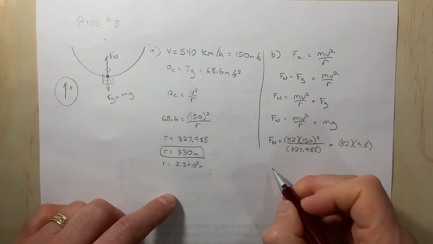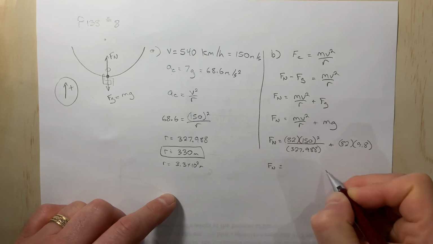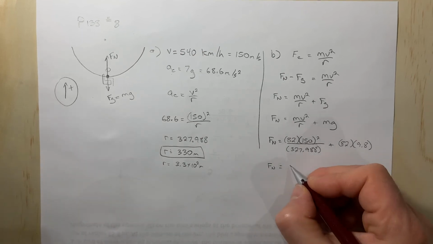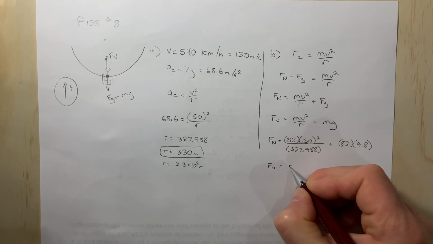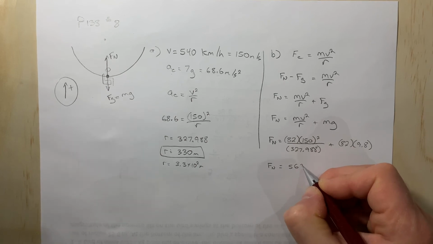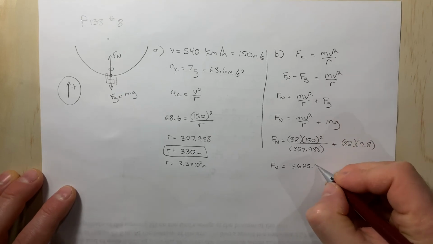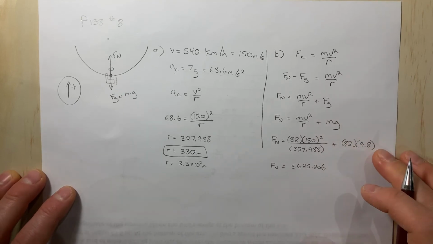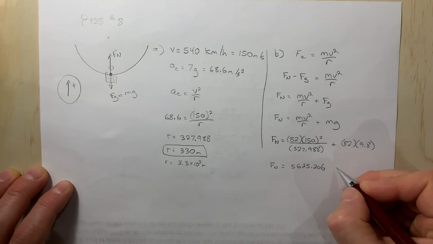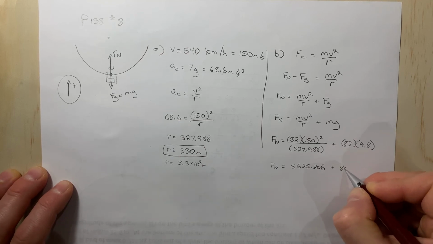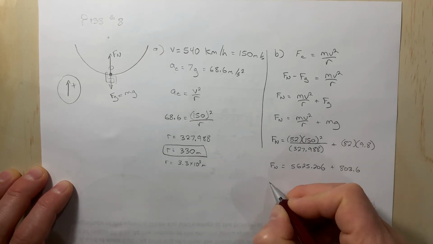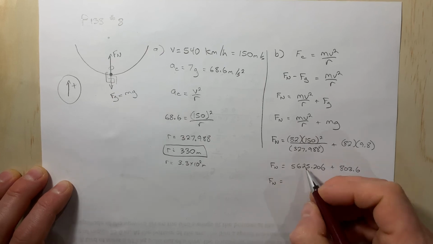And we'll fill in mg. If we go ahead and figure these numbers out, let's see. We've got 5625.206. This one is 803.6. We can add those guys together.